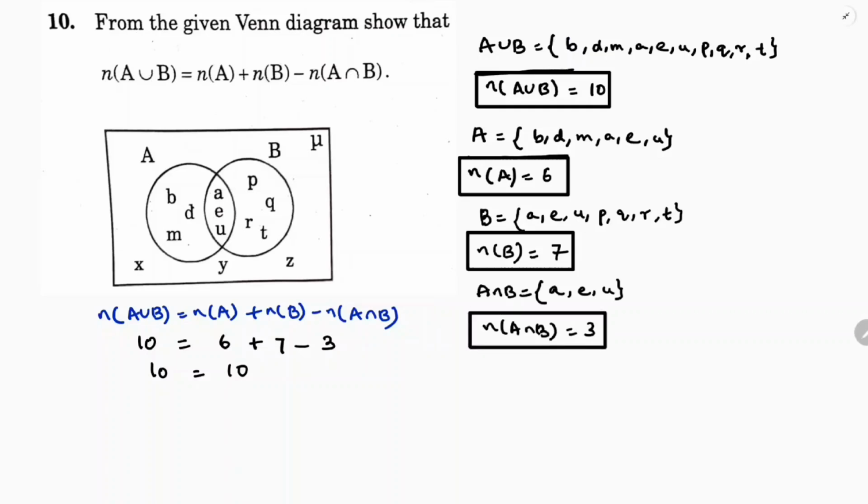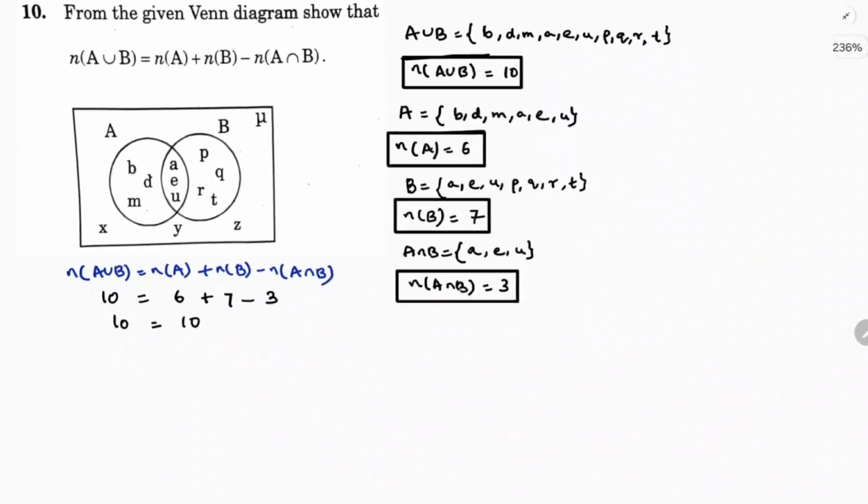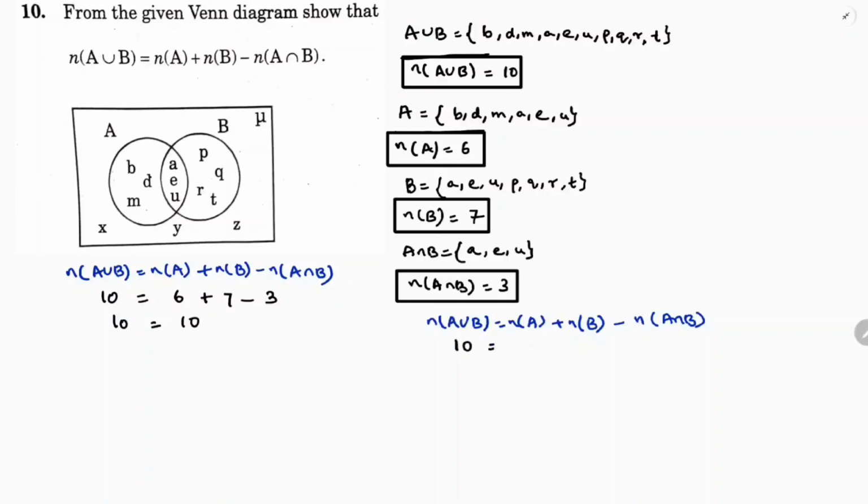Now if we substitute in the formula, they told us to verify n of A union B equals n of A plus n of B minus n of A intersection B. Now A union B you got 10 elements, A is 6 plus 7 minus 3. So 10 equals 10. Hence verified.